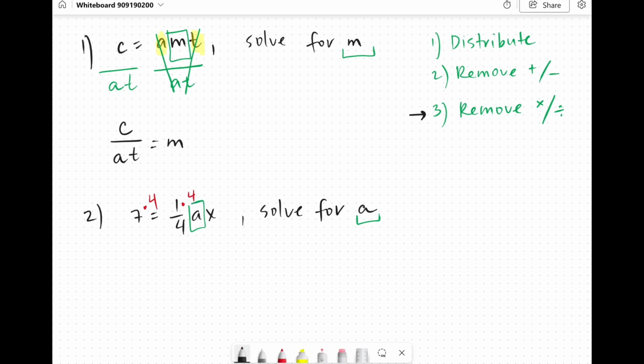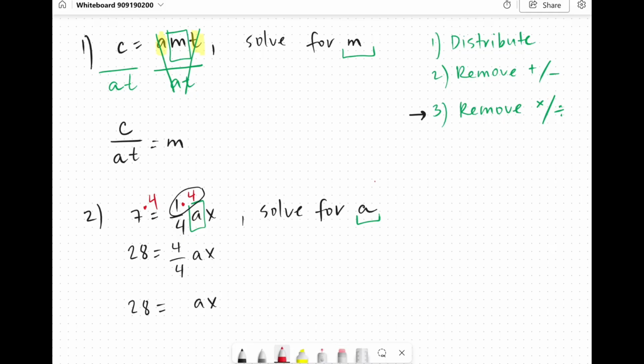What we get after this multiplication is 28, then the equal sign. On the right side, you have this 1 times 4, which is 4 over 4 times ax. Now, of course, 4 over 4 is a 1, so you have 28 equals 1ax, and a lot of times we just write ax without the 1.